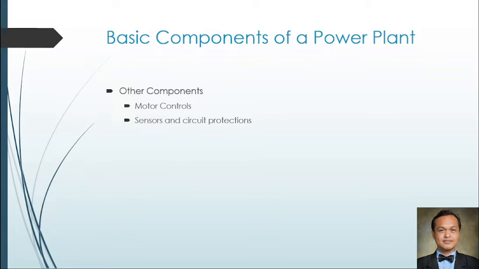Also the sensors and circuit protection in the substation or in the equipment used in a power plant, substations, and waste disposal equipment such as scrubbers, flue beds, and water purifiers.